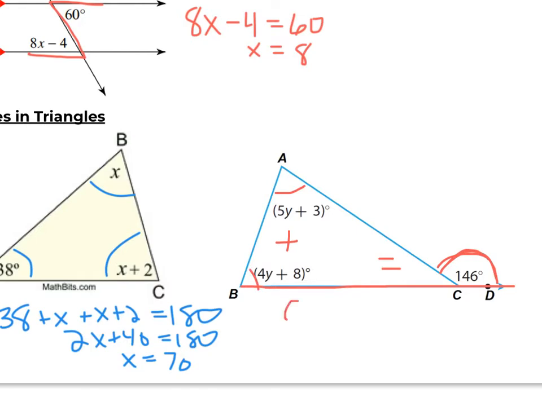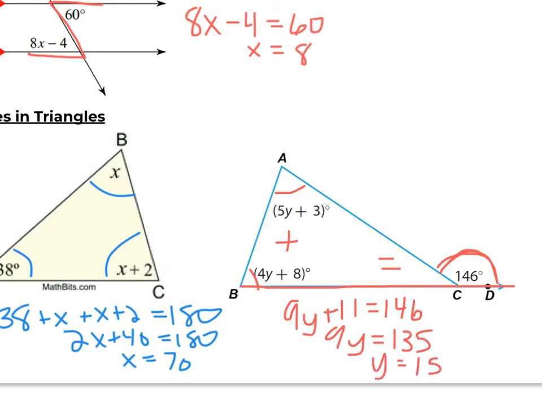So this would mean that 9y plus 11 equals 146, and then we can go from there. So 9y equals 135, so y equals 15, okay?